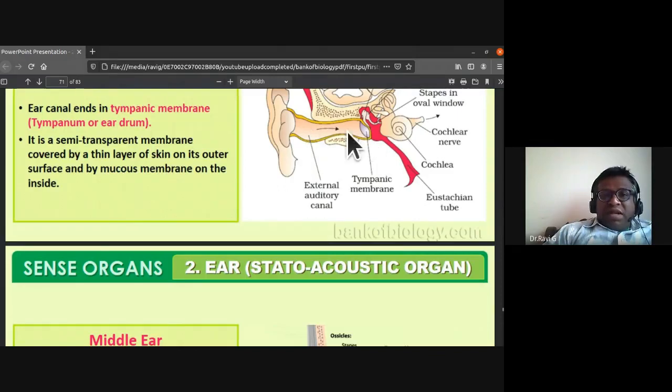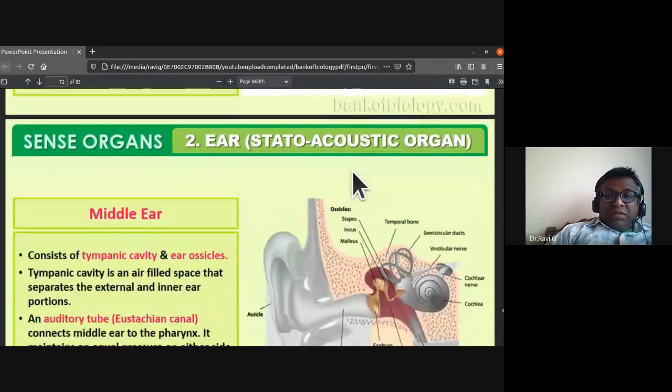The eardrum is a semi-transparent membrane covered by a thin layer of skin on its outer surface and by mucous membrane on the inner side.